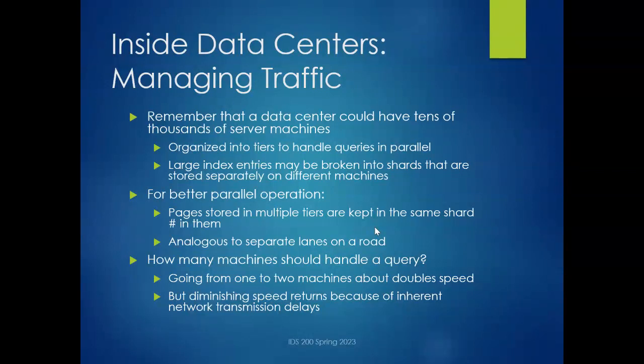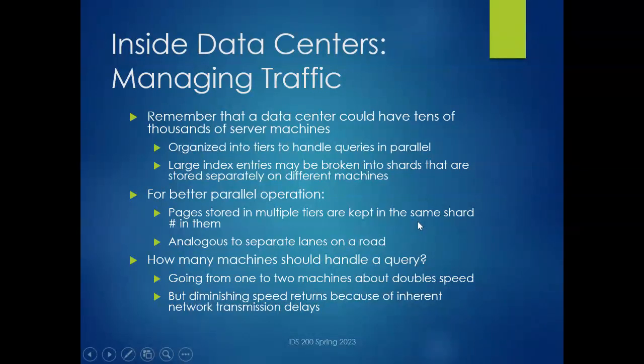And what it's basically like is traffic lanes on a road. So Google wants to be very efficient about how it's processing these requests. And the best way to do that is to only involve a small section of the data center for any given query. And the way they do that is by having pages appear in the same shard in any tier, without getting into the math of how they do it.